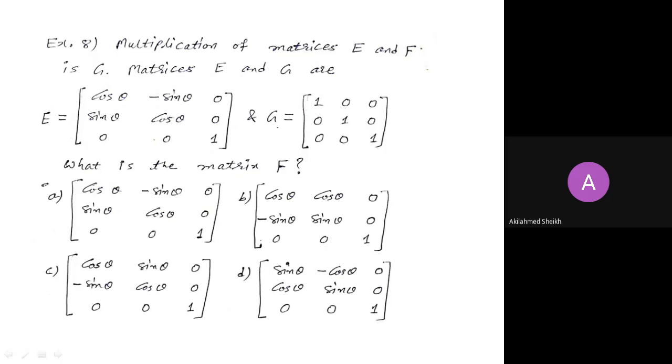And matrix G is the 3 by 3 identity matrix. What is the matrix F? Four options are given. Here we have to find matrix F.